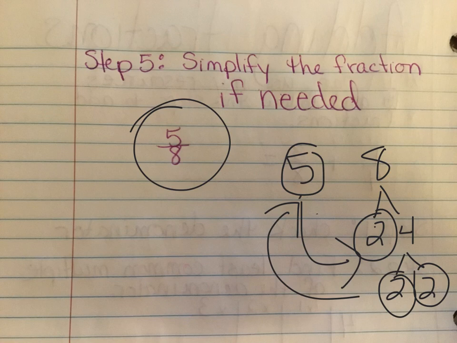Sometimes you're going to get fractions when you add them together where the top number is bigger than the bottom number. Remember, what happens is that top number gets too heavy and it falls into the house. When it falls into the house, we have a division problem to do. 6 goes into 7 one time. 7 take away 6 is 1.